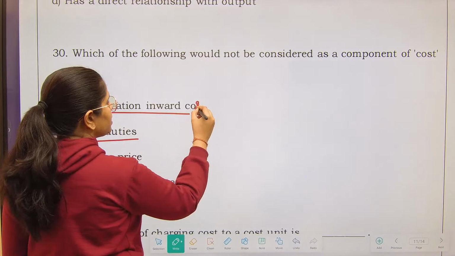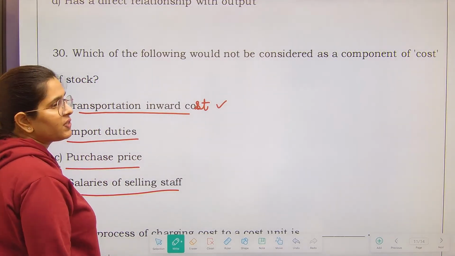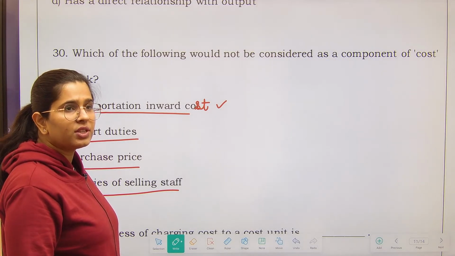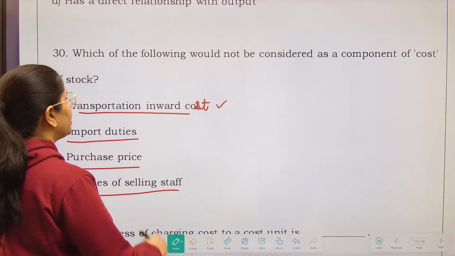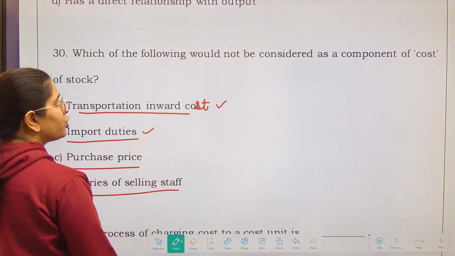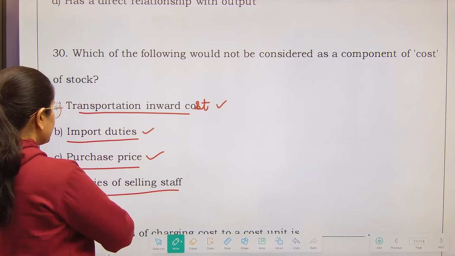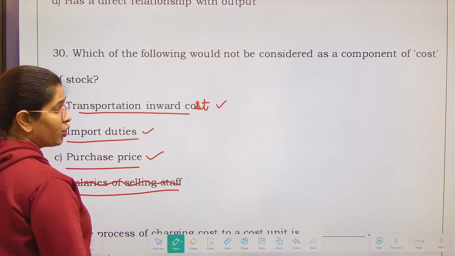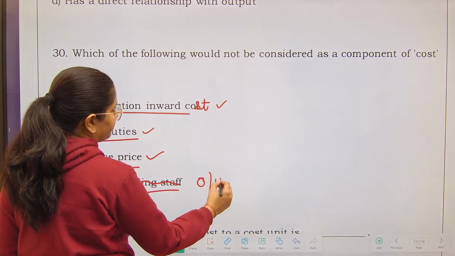Transportation inward cost, yes, I should include it, because all those costs which have been incurred in order to bring the stock to its present location should be included. Import duties not refundable, included. Purchase price should be included. Salaries of selling staff should not be included because these are overheads.